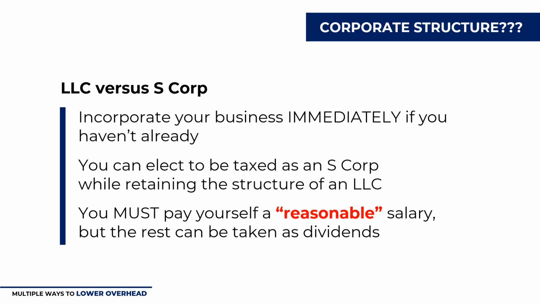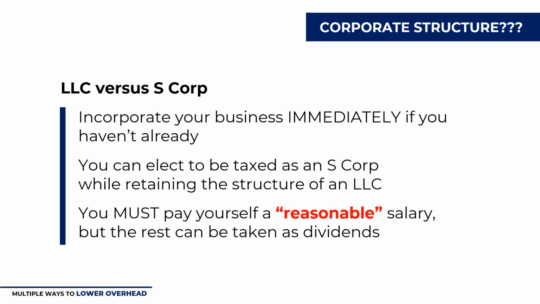Now the key word here is salary. Remember, as an S corporation, the tax code says you must pay yourself a reasonable salary. Most accountants agree that a reasonable salary is much less than the $137,700 annually in most industries, with the rest of your income passing through as a dividend.